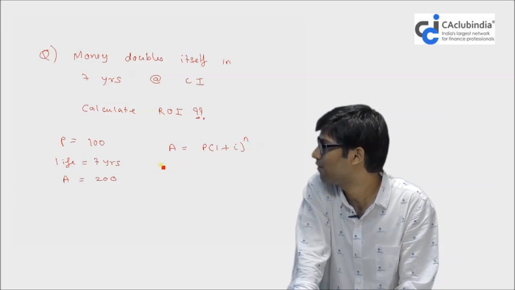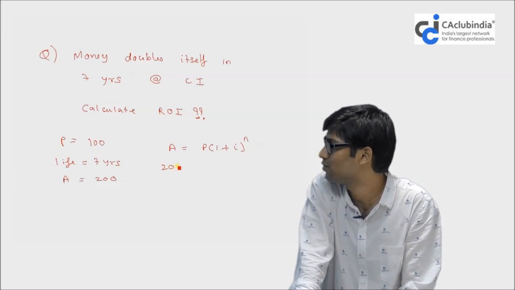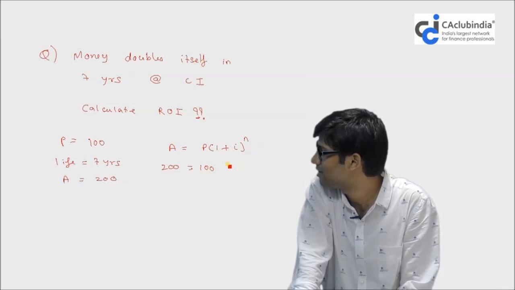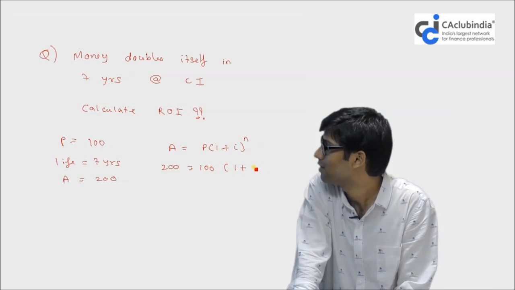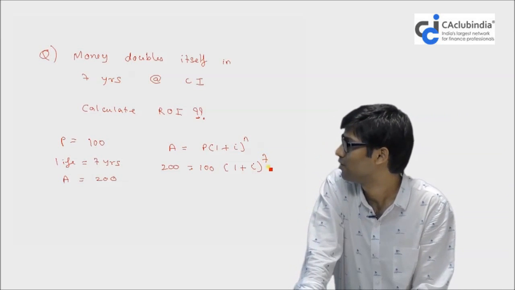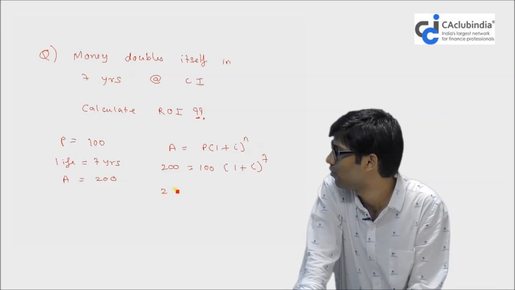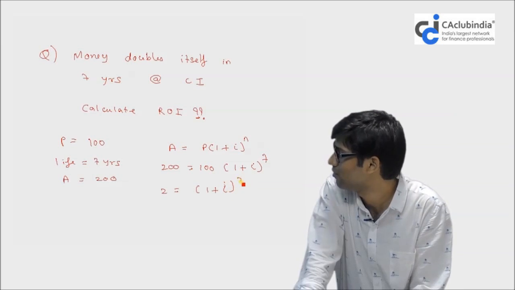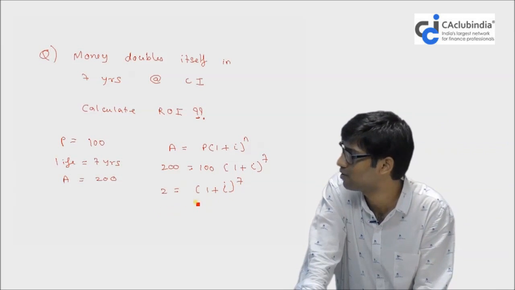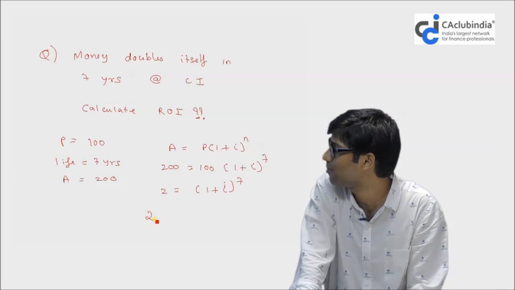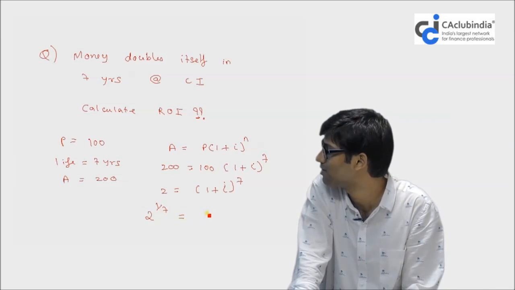Now over here we have 200 as A, so 200 is equal to 100 into (1 plus I) raised to n, where I we have to calculate, and n over here is 7. So we have 2 is equal to (1 plus I) raised to 7. Now we want to calculate that I, so we can take the 7th root on both sides. So 2 raised to 1 by 7 is equal to 1 plus I.